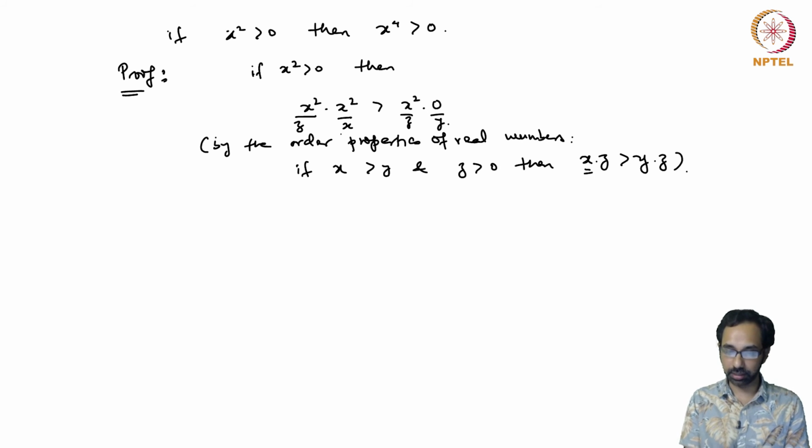So this x is this x here, and x square times 0 is of course 0, and on the left side we have x to the power 4 is greater than 0. So this is just a small proof where you started with P and you ended up with Q, but here you had another statement P1, right?